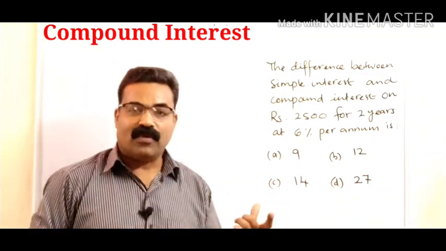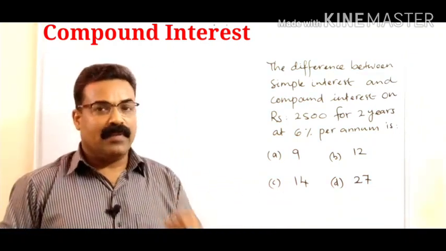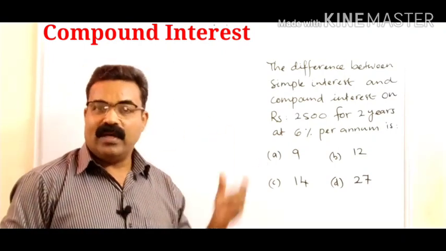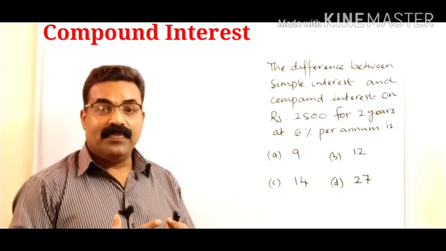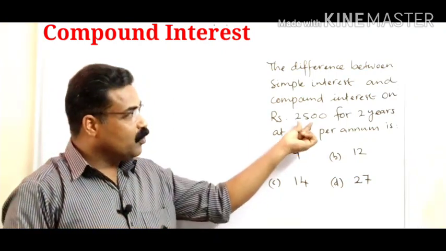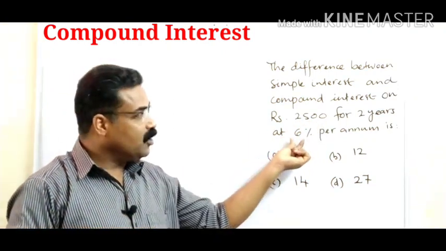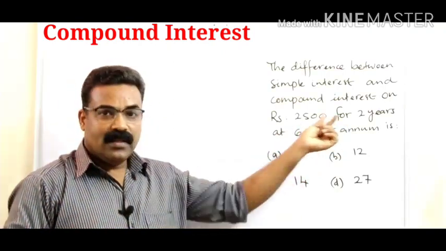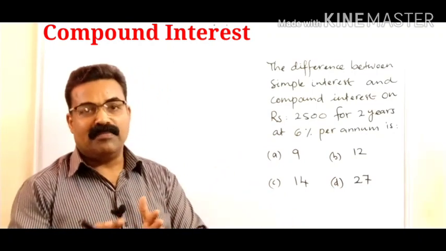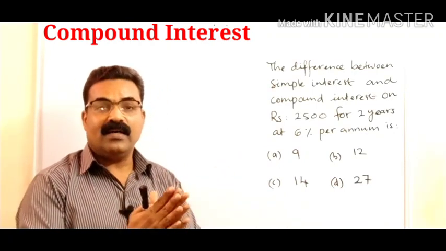The simple interest formula is PRT by 100 and the compound interest formula we have already seen. So we have to apply both formulas and see, if the same amount of 2,500 at the rate of 6% per annum is invested for 2 years in compound interest and in simple interest, what is the difference in the interest?